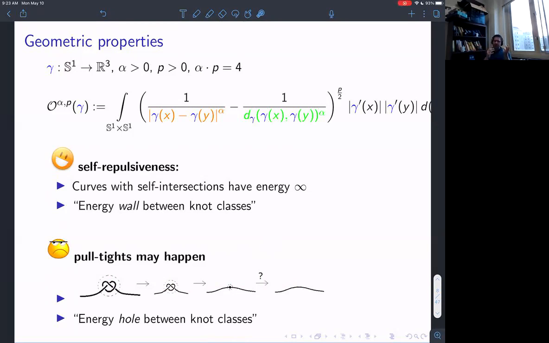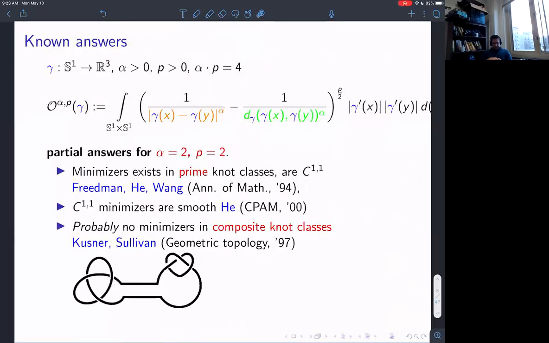So if you minimize in a given knot class, in a given isotopy class, in general, the minimizer will be in a class below that. There's no reason you have to stay in your knot class. You can remove topology. And again, this has something to do with scaling invariance. It's kind of expected. And of course this makes it interesting.